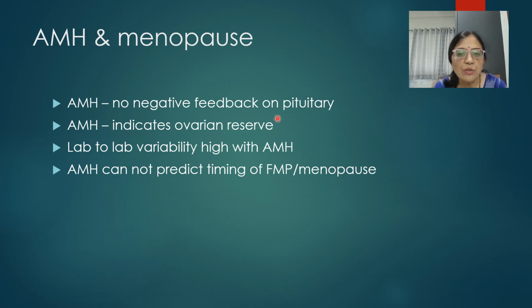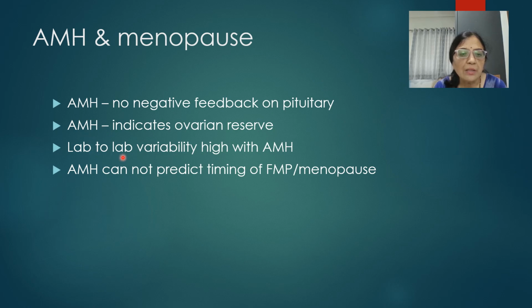Anti-Mullerian hormone has no negative feedback on the pituitary, as opposed to inhibin. Anti-Mullerian hormone, which is secreted by granulosa cells, is a marker of ovarian reserve. It has emerged in the last decades as an important marker, indicating indirectly how much ovarian function is present, and the quality of the primordial and developing follicles.